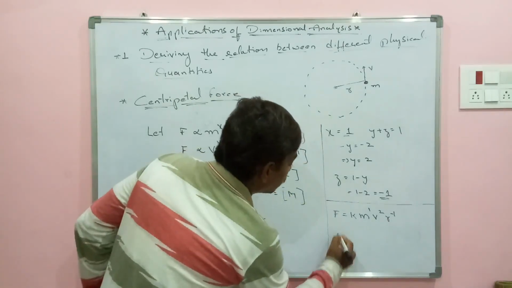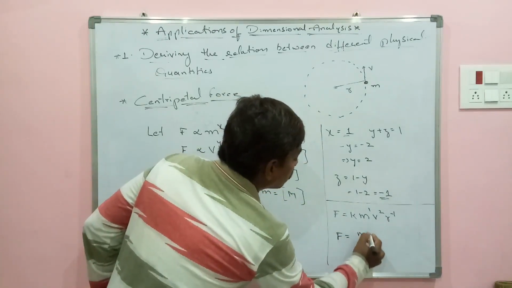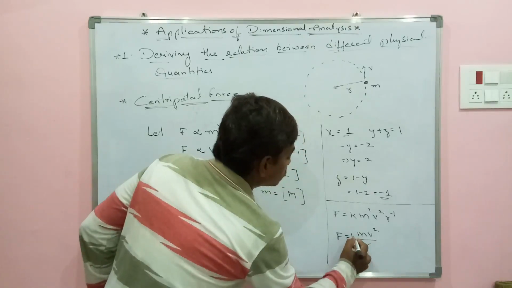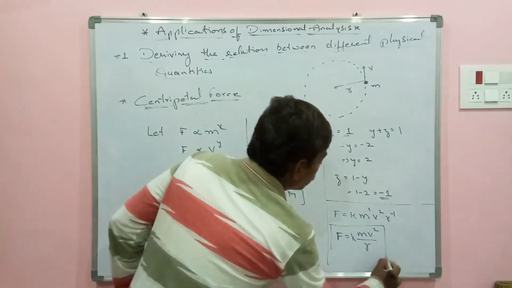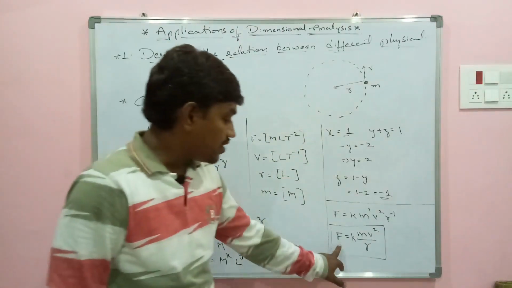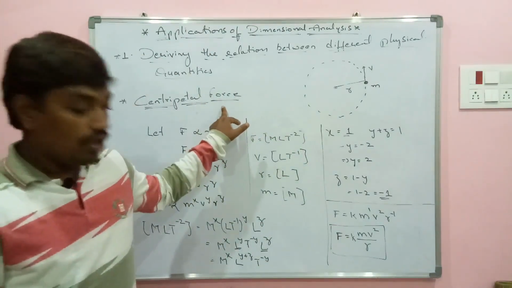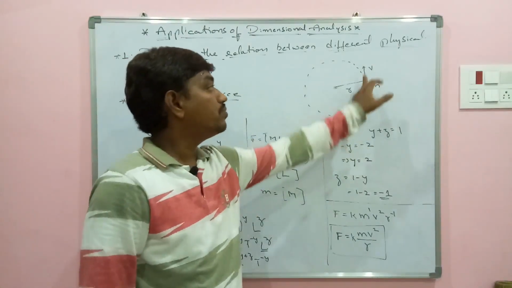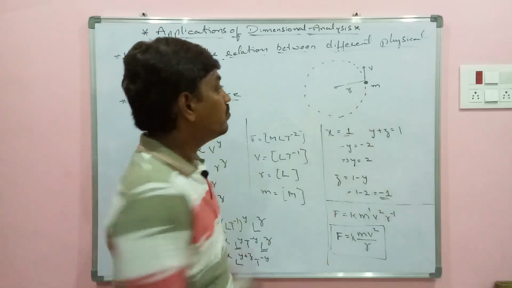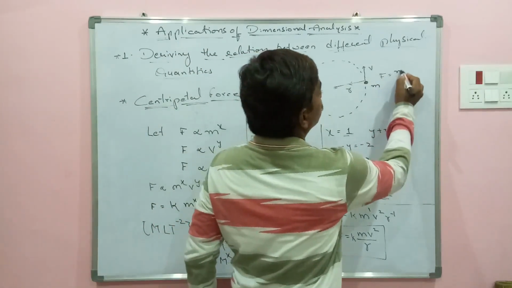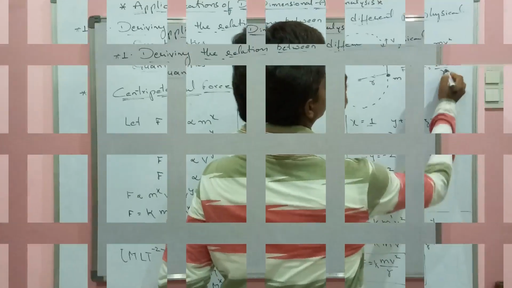Simplifying this, I will get F is equal to k m v square by r. Again, this is the original structure of the equation. So F stands for centripetal force. What is centripetal force? It is a force acting on a particle executing circular motion, which is acting towards the center. So generally F is equal to m v square by r.